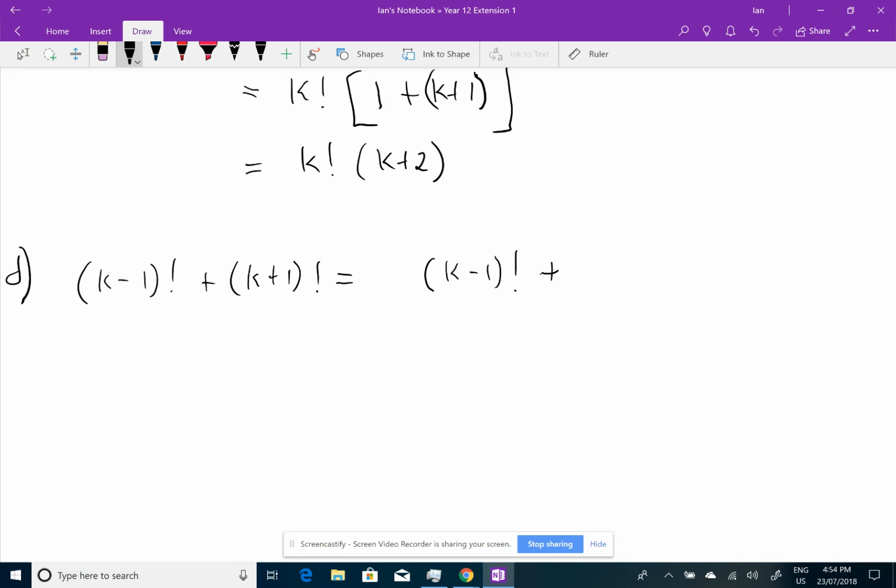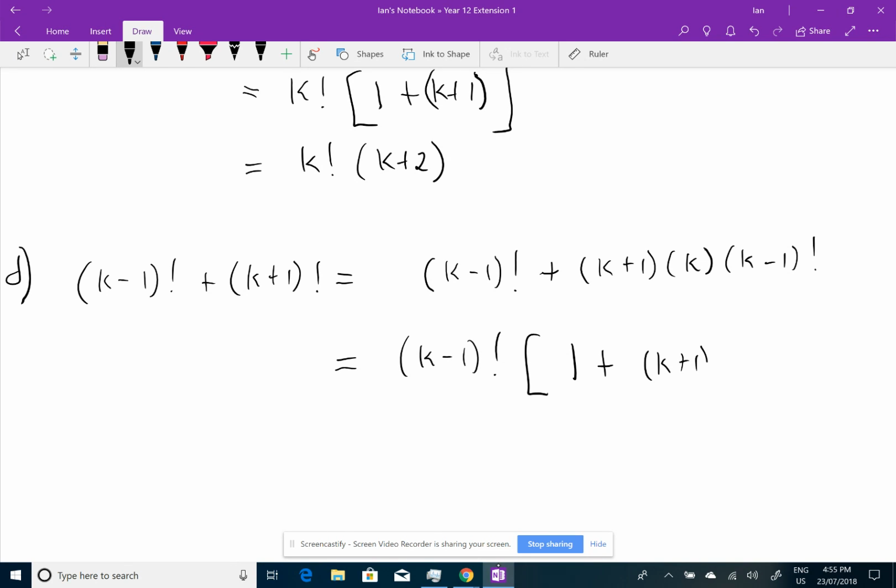And plus, well, k plus 1, k, and k minus 1 factorial. I'll take out the k minus 1 factorial, and I'm left here with 1 plus k plus 1 times k.